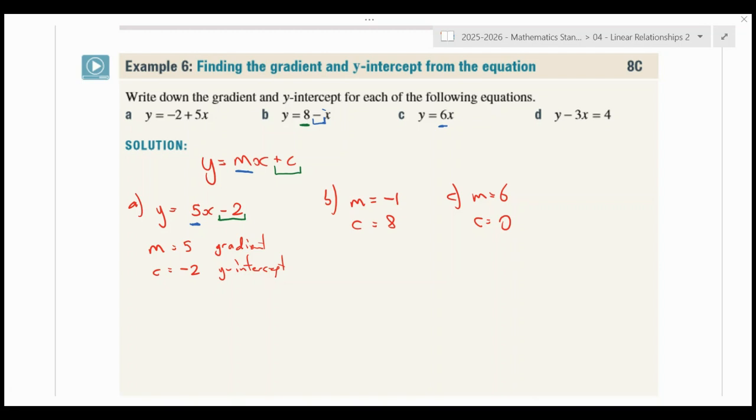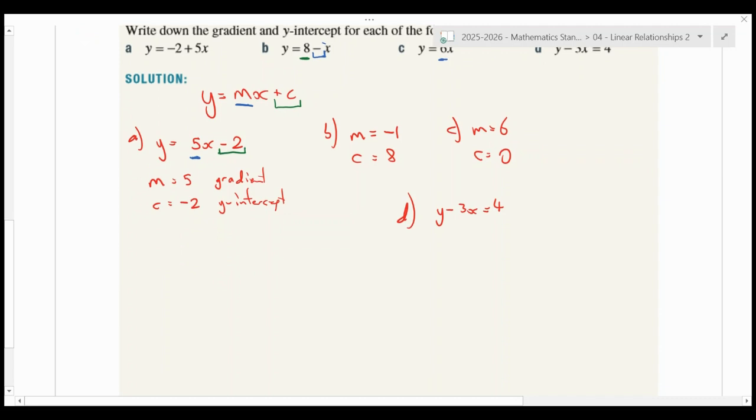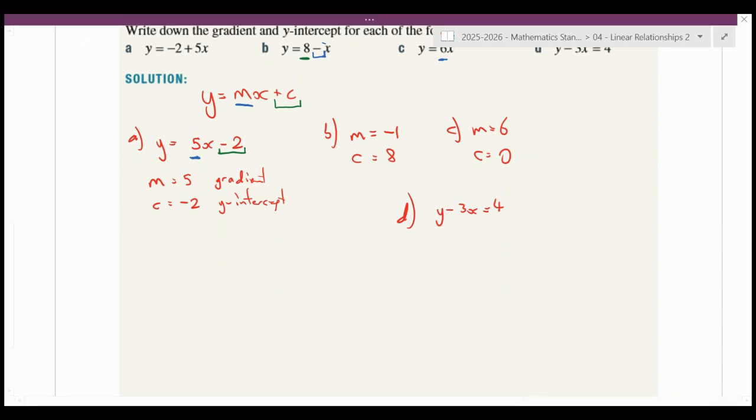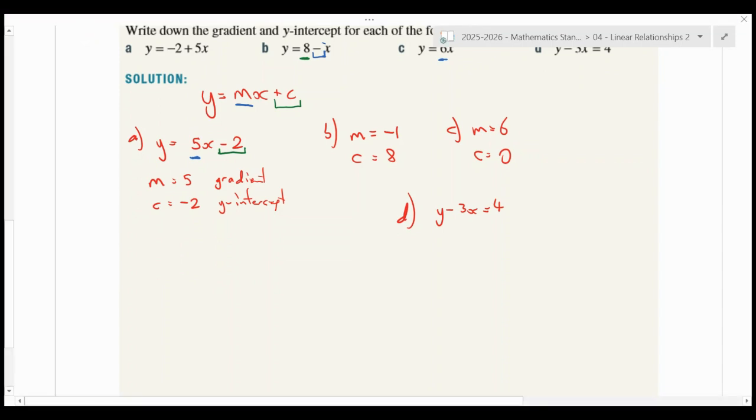Then for the last one, question D, I'm just going to do it down here. We don't really like it when it's on the same side as y. We want y to be on its own. We want it to be the subject. So we've got to get rid of it off this side. So what we're going to do is get rid of the minus 3x. And we do that using inverse operations, which we did a topic or two ago.